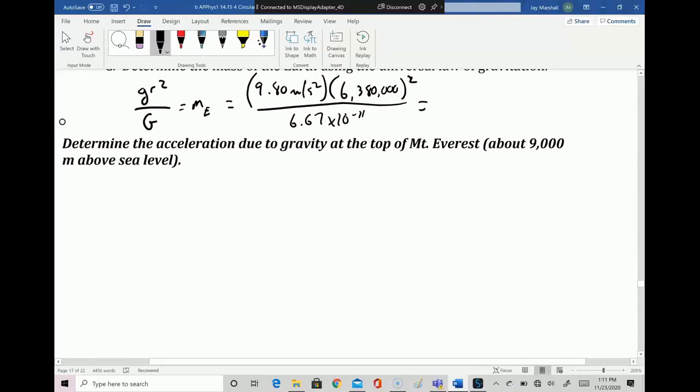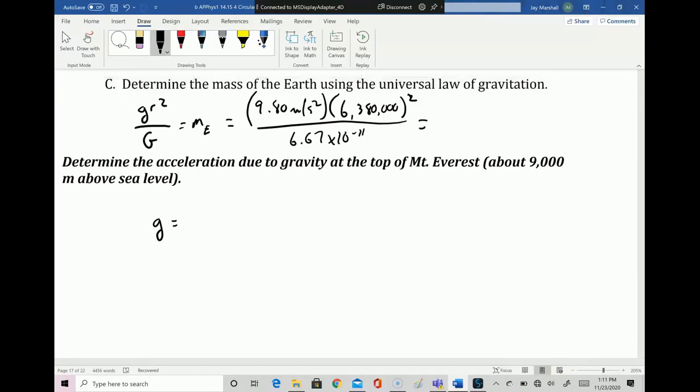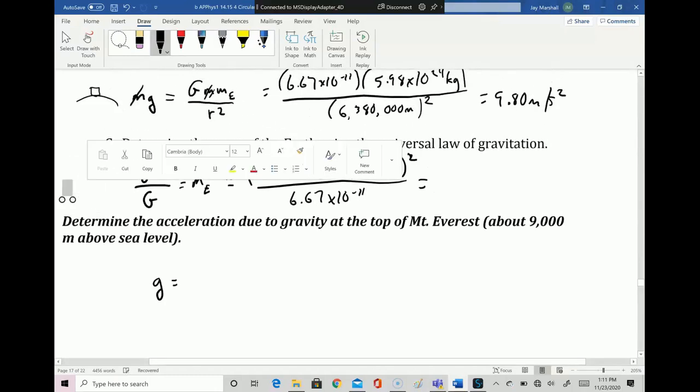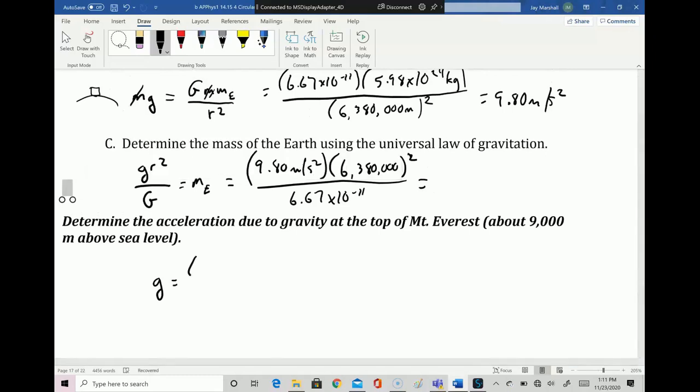Okay, and then we can determine the acceleration due to gravity at different distances from the Earth. So we can just go back up here and say this equals G M_E over R squared.